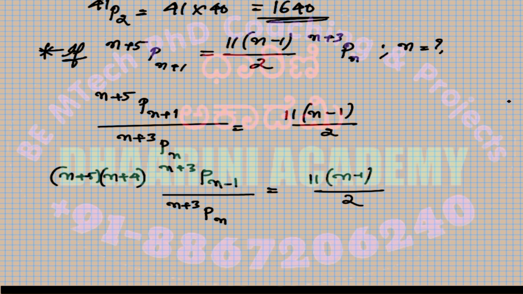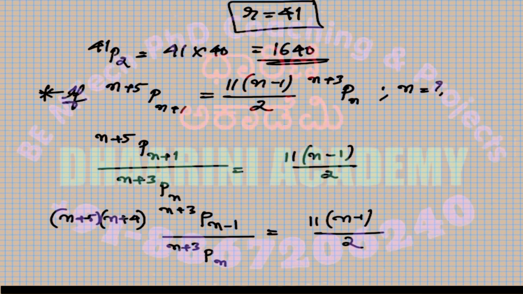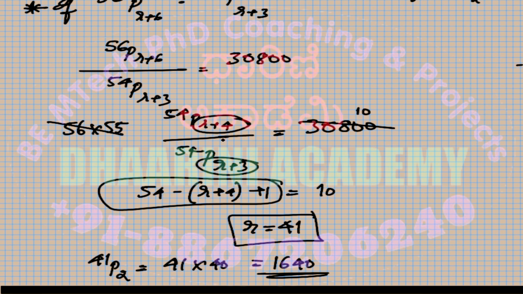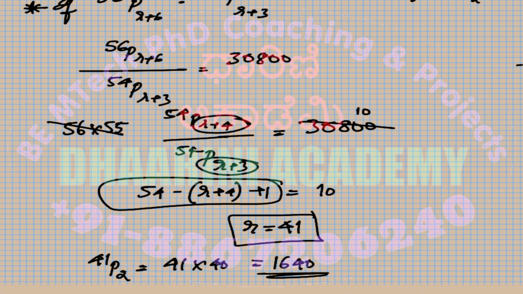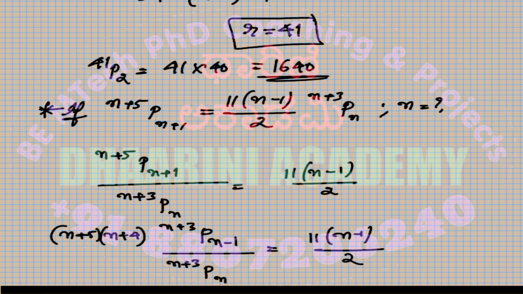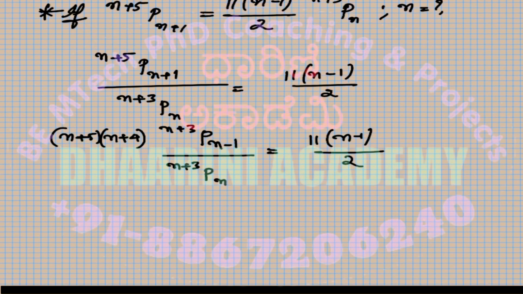Now you see, just now we applied one property, something like this. r+4 and r+3 can be written simply like this, right? So if the numerator has the highest and the denominator has the lesser one, then the answer comes in the numerator. But now you just check, the current situation is slightly different. In this particular problem, I have the bigger term in the denominator and the lesser term in the numerator. n in the denominator, n minus 1 in the numerator.